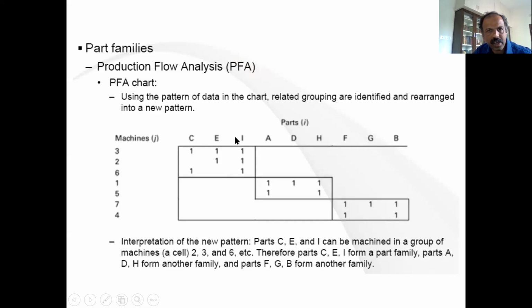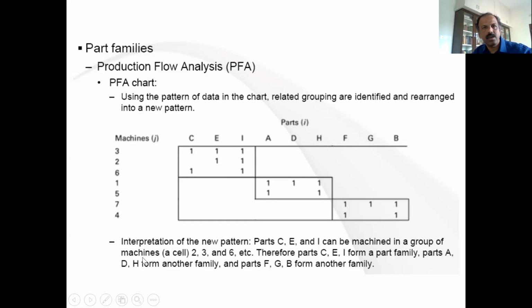On the CEI part, you go with only 3 to 6. Therefore, you take the 3 to 6 machine separately and process only CEI jobs, and take 1 and 5 machines separately, and on this 1 5 machine ADH can be processed. Then 7 4 is there and FBG.